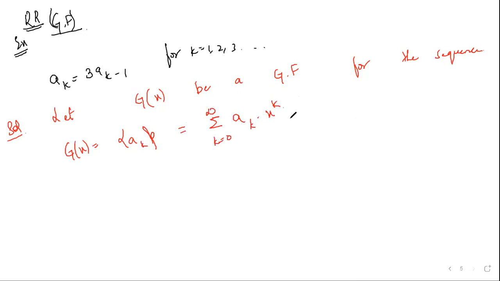This is how we write our generating function, right? A naught plus a1x plus a2x square and so on. So we are defining it as ak into x power k.